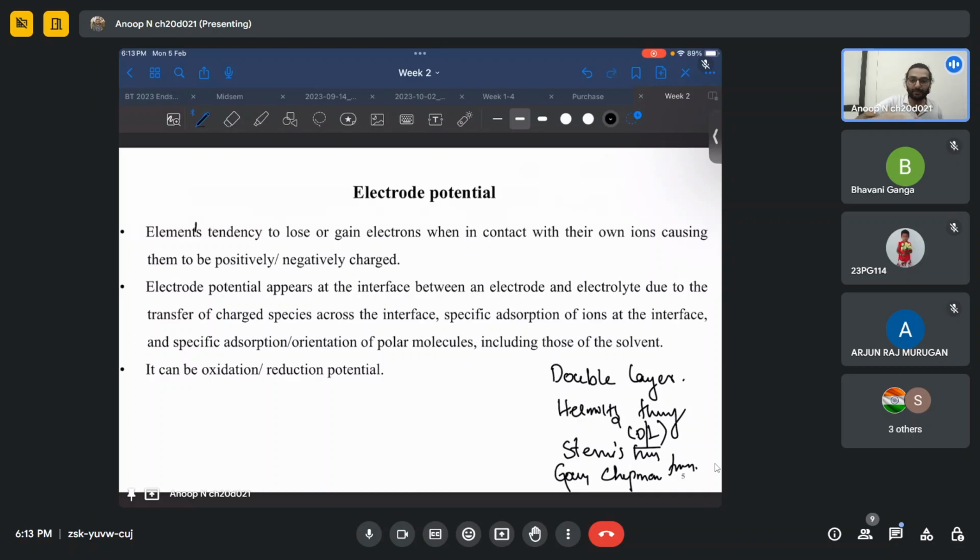These are not really part of the syllabus, so I urge those who are interested to go through the standard textbooks and understand these things. There are different suggestions or proposals from different people regarding this double layer. It's a very useful thing, so you can understand how the reaction takes place at the electrode-electrolyte interface.